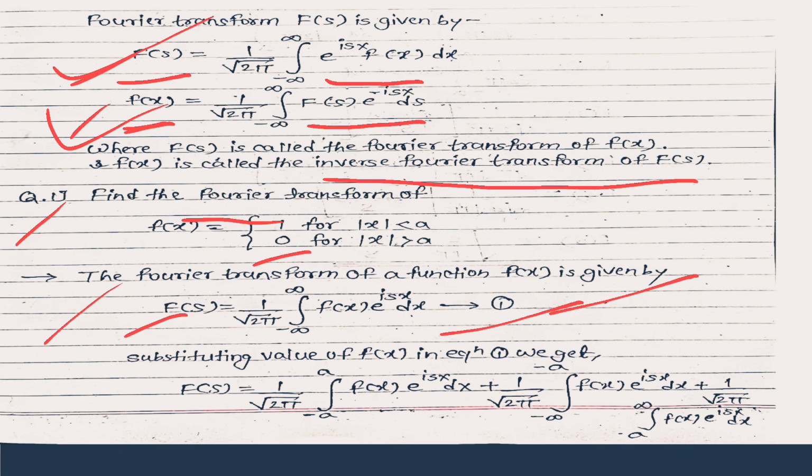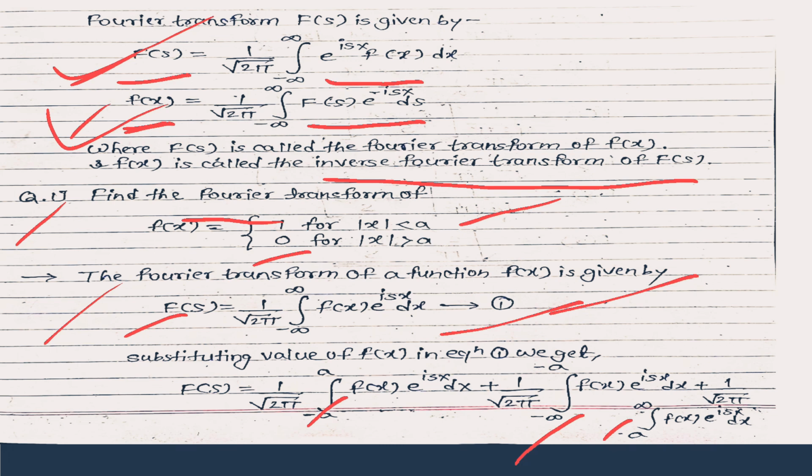Before that we will elaborate this condition. The first condition is that mod of x is less than a, and the second means that mod of x is greater than a. So the limits will vary from minus infinity to minus a, then next one will be minus a to plus a, and last one will be a to infinity.